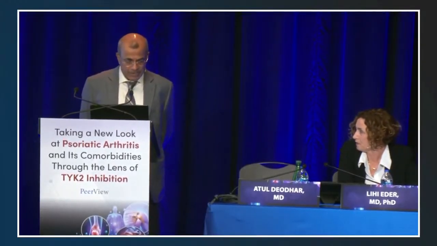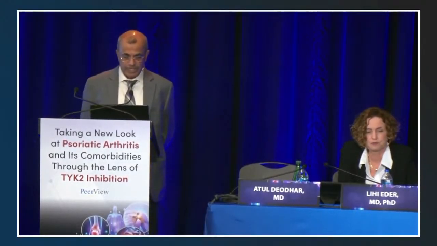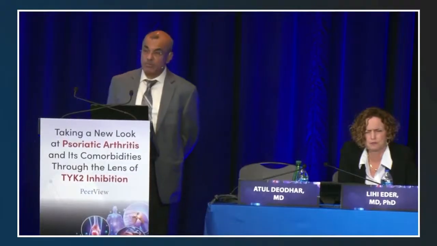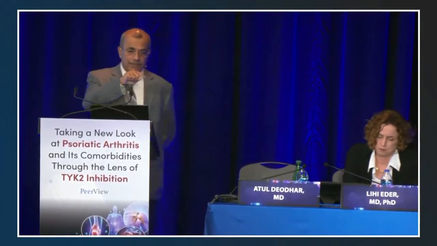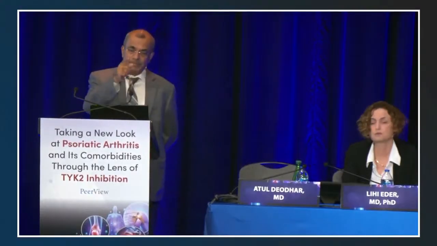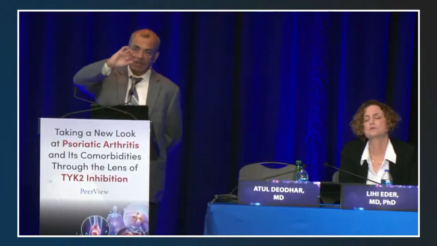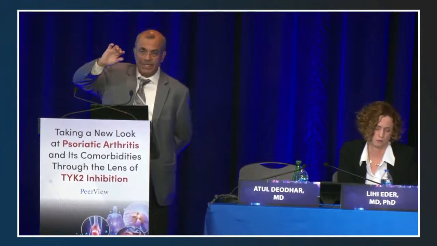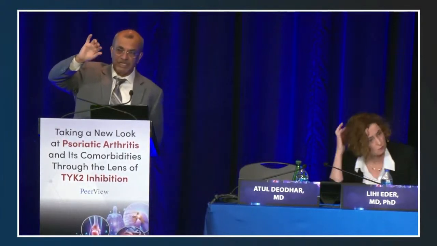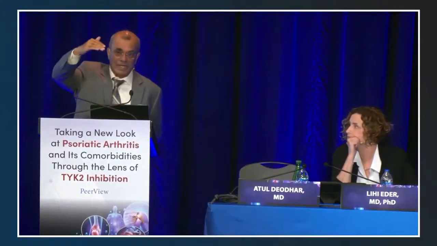Wonderful. We've got the last question. What is the expected timeline for clinical improvement with joint, skin, and PROs? Weeks or months? And the answer is weeks. But then I bring you back to the few posters and oral presentations, where you need to look at the graph and see when the separation is. When is the separation for joints? When is the separation between placebo and the active treatment?